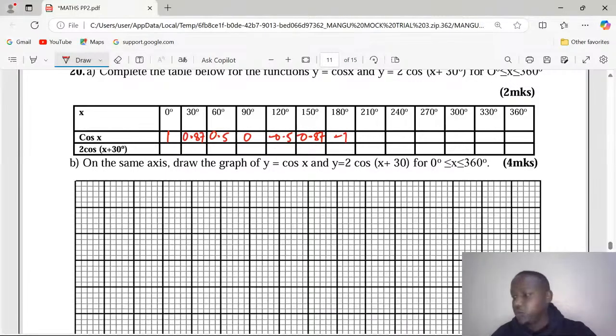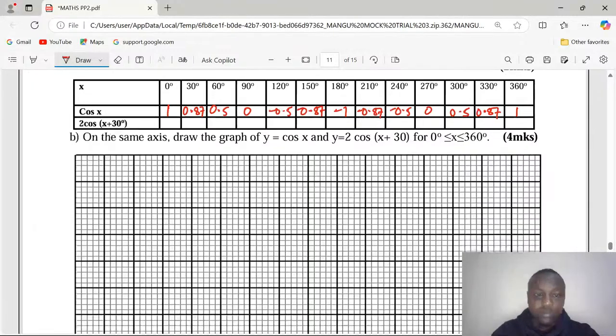The cosine of 210 is negative 0.87. The cosine of 240 is negative 0.5. Then the cosine of 270 is 0. The cosine of 300 is 0.5. The cosine of 330 is 0.87. The cosine of 360 has a value equivalent to 1.